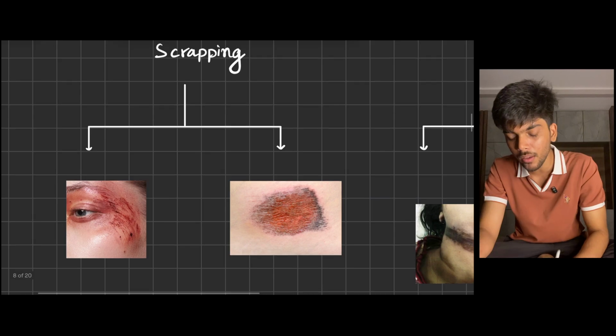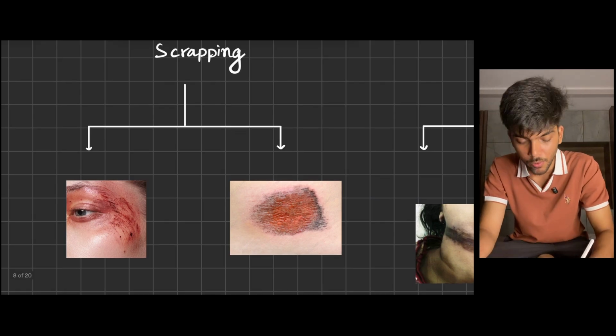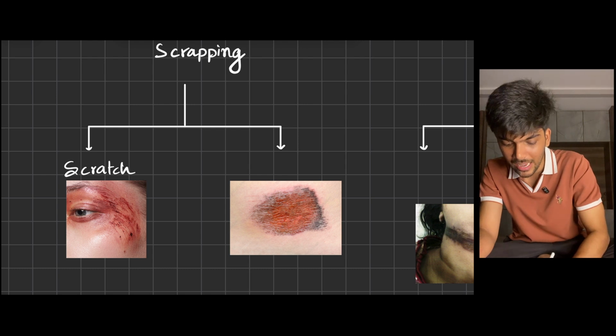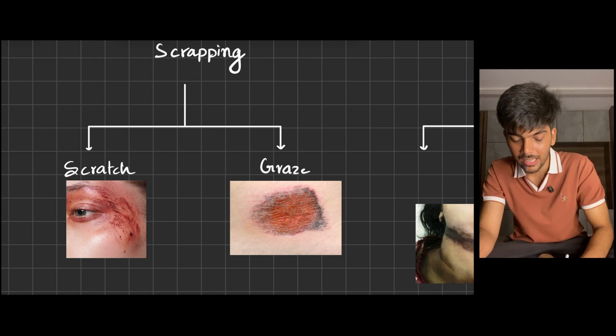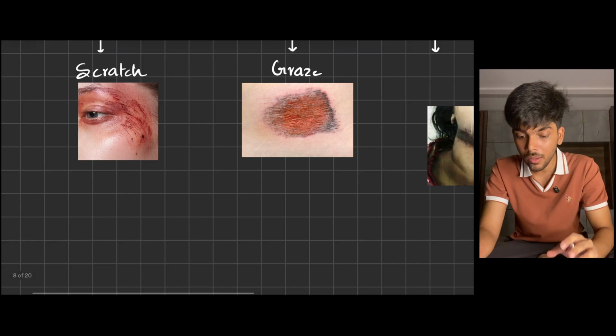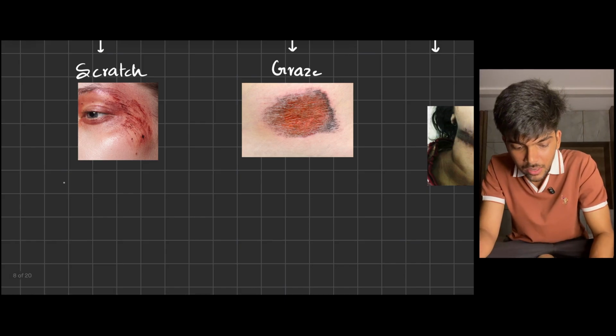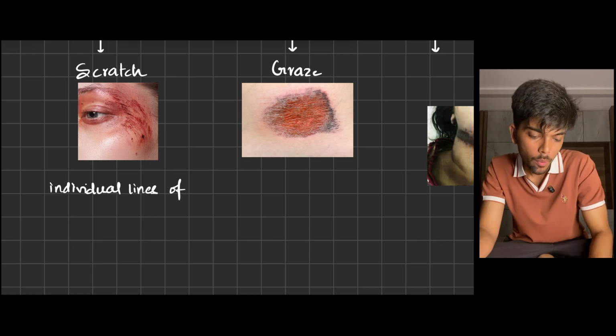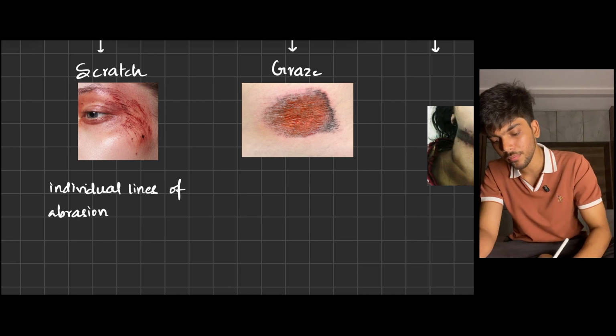Under scraping abrasion, you have two types. You have scratch abrasion and graze abrasion. Scraping abrasion where individual lines of abrasion are appreciated is scratch abrasion.